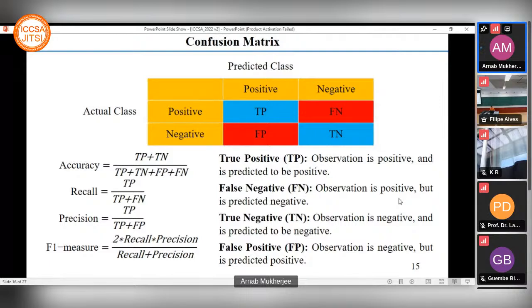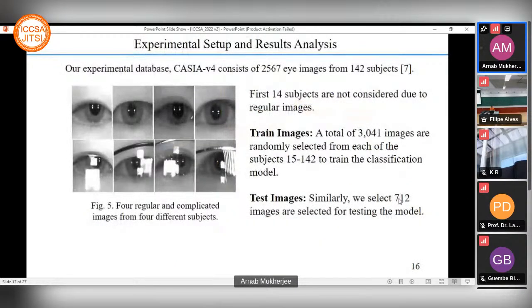The confusion matrix consists of true positive, false positive, true negative, and false negative observations. Here, the performance of the classification will improve with increasing accuracy, precision, recall, and error measurement values.